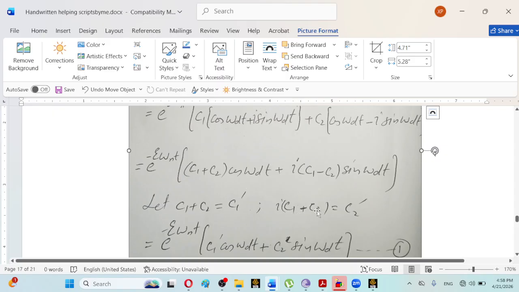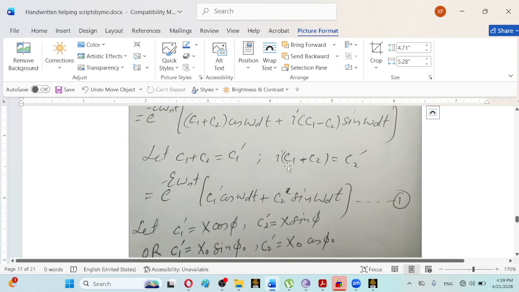So i(C1 minus C2) has been transformed into another arbitrary constant, C2 dash. Remember, these are capital letters because these are arbitrary constants. Always be careful to distinguish them while writing from the damping constant, which is written in small case, while these are in capital case.